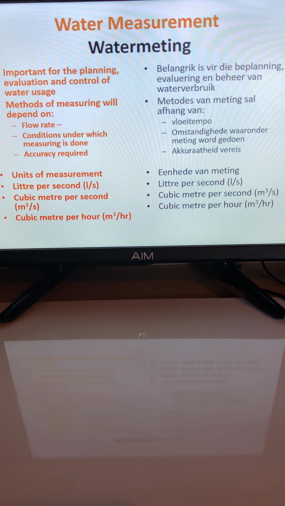When we are measuring water, especially the flow rate, we'll write it down in liters per second, or cubic meters per second, or if it's moving at an extremely high rate, cubic meters per hour.